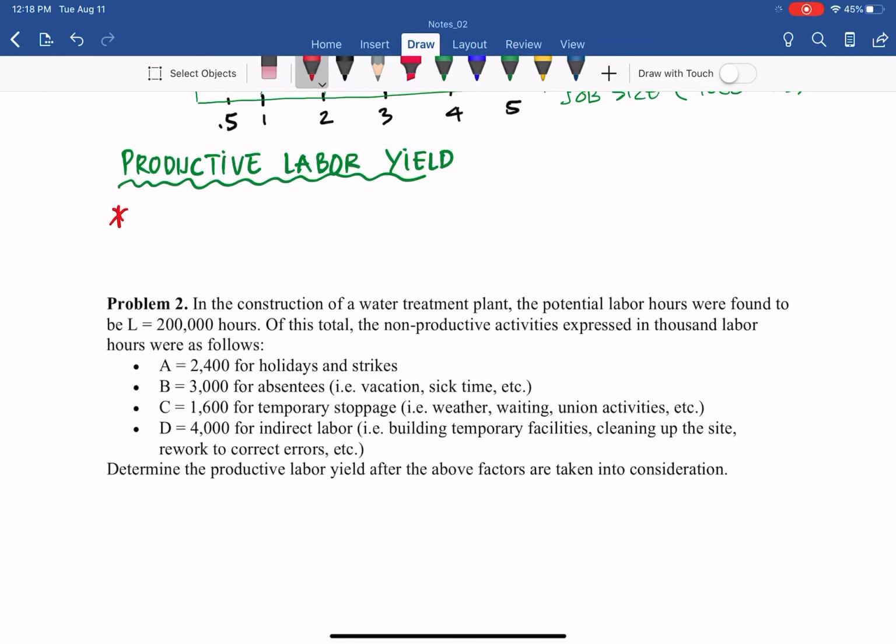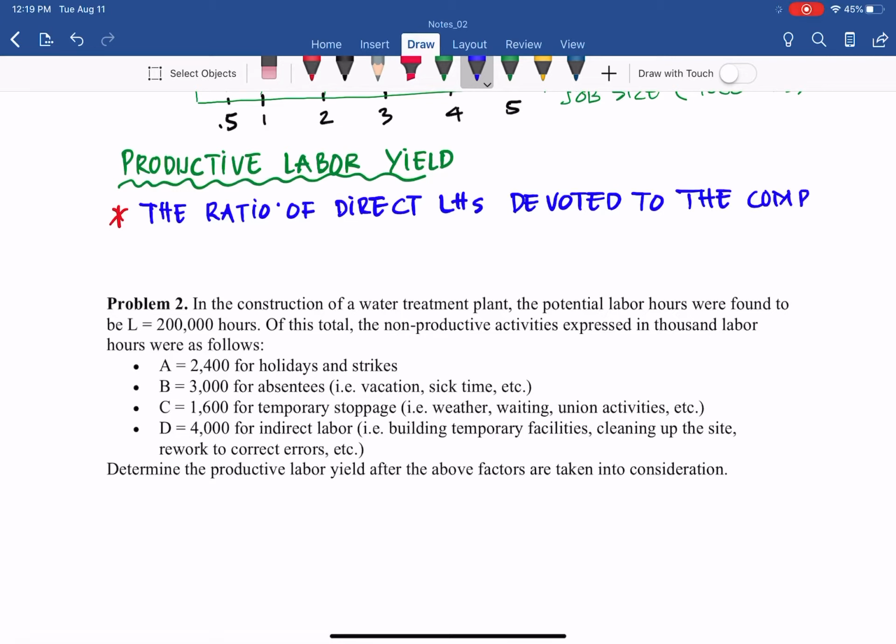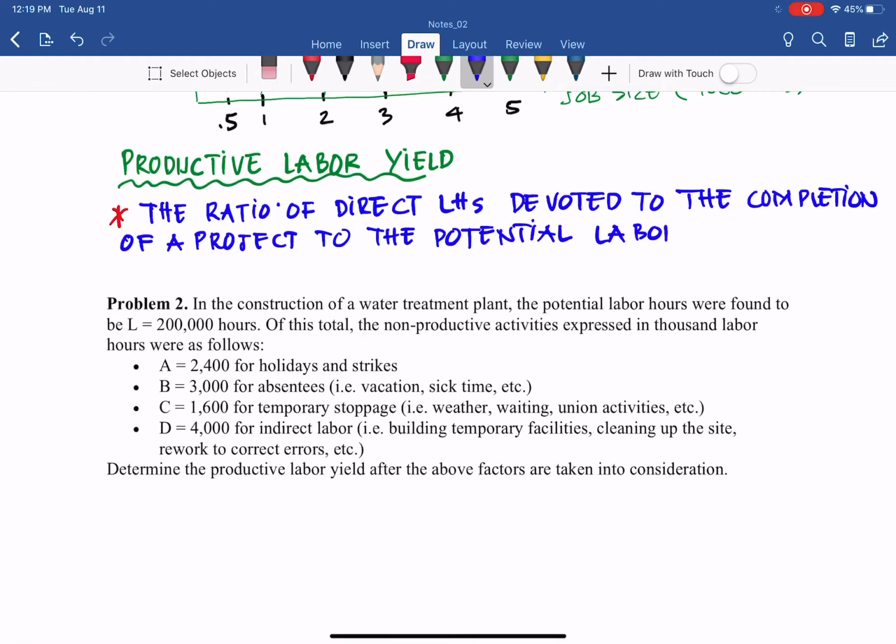Basically, it will be the ratio of direct labor hours devoted to the completion of a project to the potential labor hours.